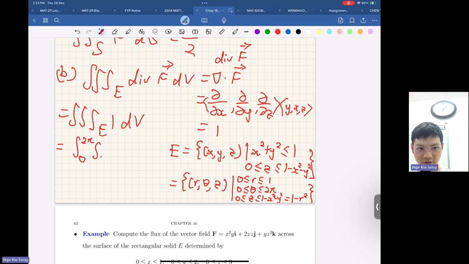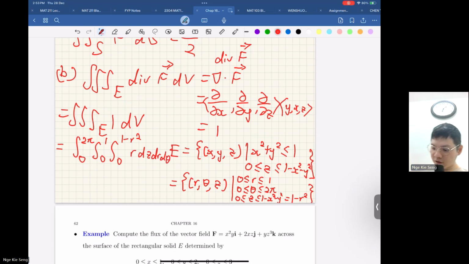Integrate from 0 to 2 pi, 0 to 1, and 0 to 1 minus r squared of r dz dr d theta. The Jacobian factor for cylindrical is just r. Only for spherical is it r squared sine phi.